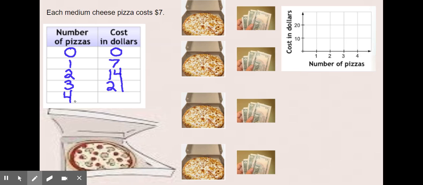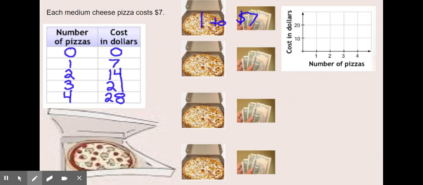So 4 pizzas would cost $28. This is a proportional relationship because the relationship between pizza and money is always the same. It's a 1 pizza to $7 relationship.